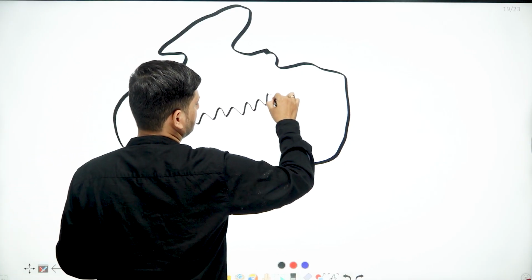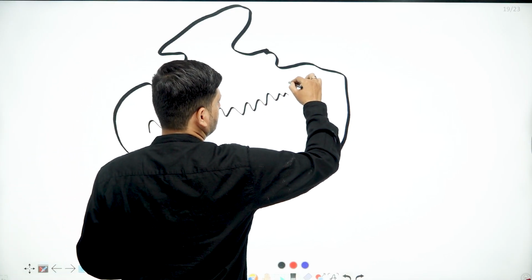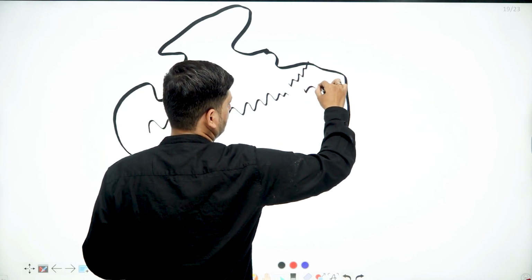So this is the Vindhyachal range which is going on. It has been parted in this form.